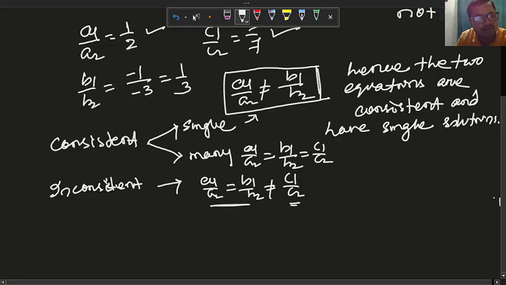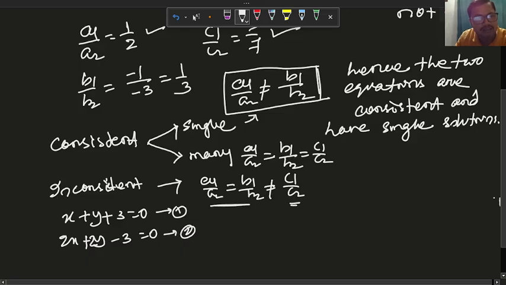Okay. So let's discuss an example. x plus y plus 3 equal to 0 and 2x plus 2y minus 3 equal to 0. Here is equation 1 and it is equation 2. In these two equations, a1 by a2 equal to 1 by 2, b1 by b2 equal to 1 by 2, but c1 by c2 equal to minus 1.